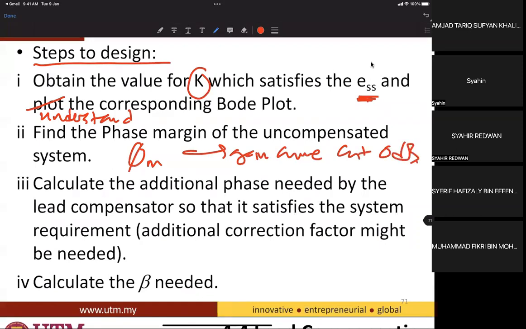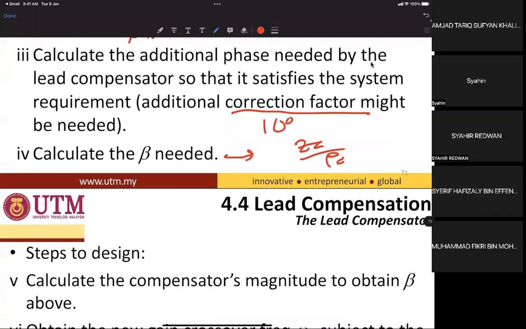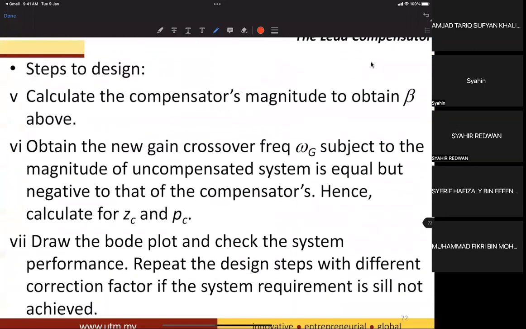Then calculate the additional phase needed by the lead compensator so that it satisfies the system requirement, for example with a correction factor of 10 degrees. Then calculate the beta needed, which is ZC over PC. Then calculate the compensator magnitude to obtain the beta above.